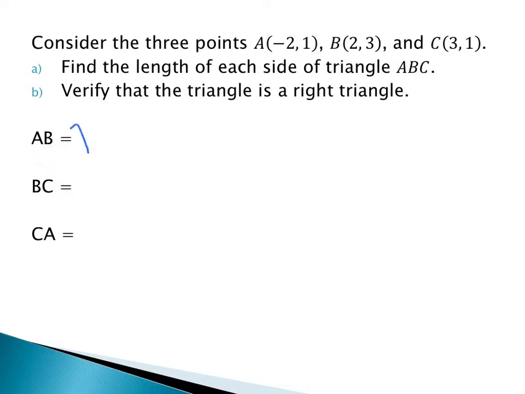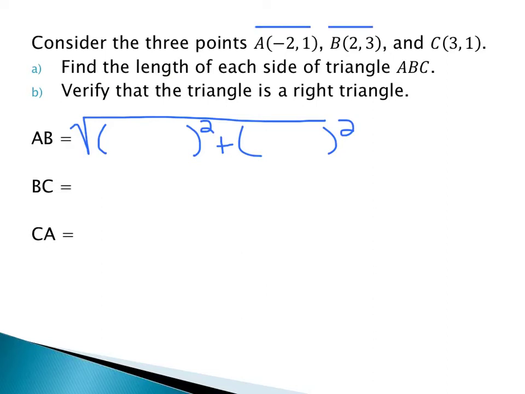And so we're going to take the square root of, and we use A and B, so we're going to use A and B here. Let's take -2 minus 2 for the x's, and then 1 minus 3.